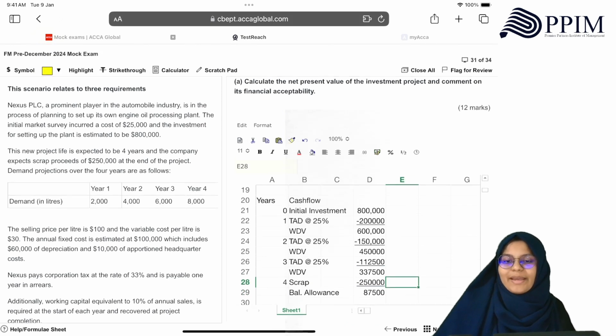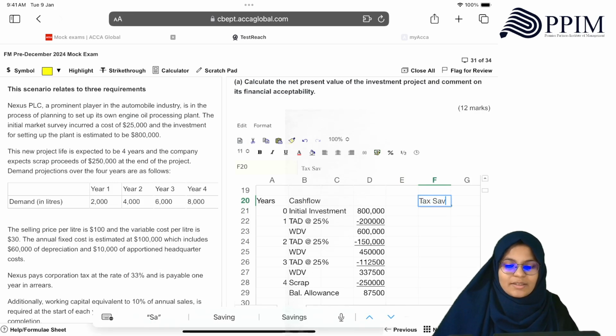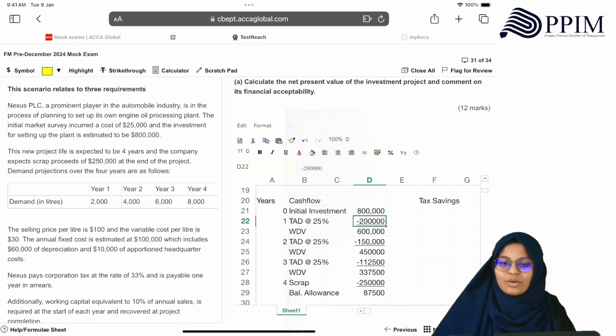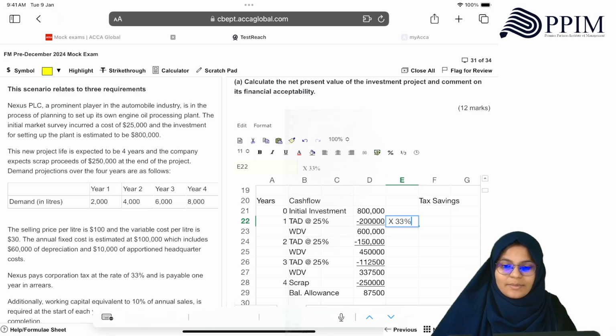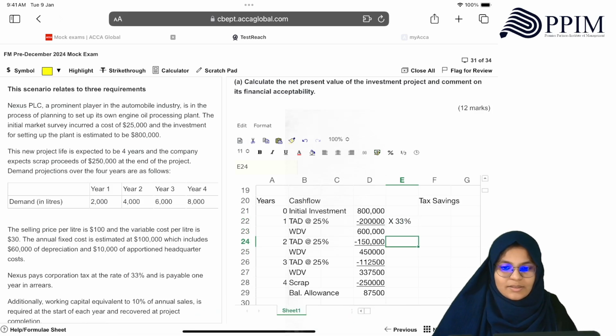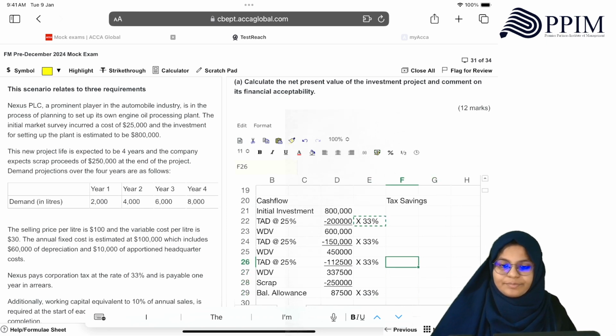Okay, so now we can determine our tax savings, right? So tax savings, how do we get this figure? It's always a multiplication of the tax allowable depreciation, right? So this into 33%, this into 33%, this figure 112,500 into 33, and the balancing allowance into 33.